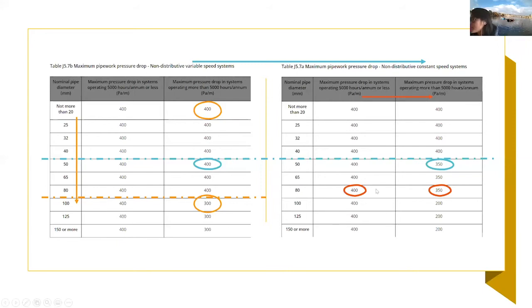In orange there, that's showing you the impact of increasing your annual hours of operation. So as you increase the number of hours that your pump and pipework system will operate, then the pressure drop allowance reduces.